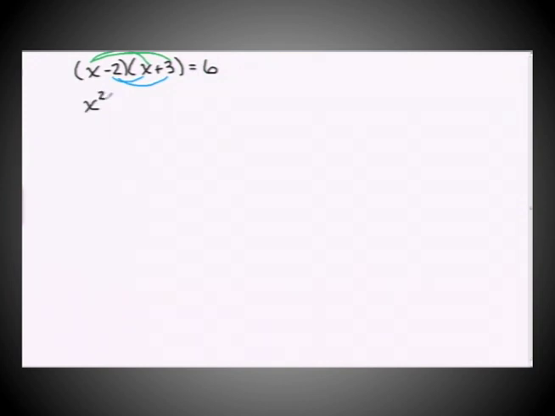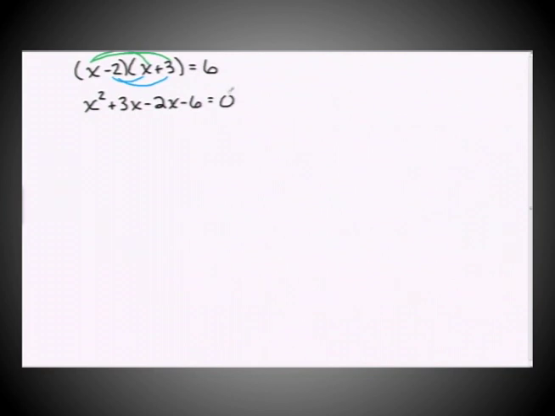So this is a quadratic equation. x times 3 is positive 3x. Coming back to the negative 2 to distribute, I get negative 2 times x, which is negative 2x, and negative 2 times 3, which is negative 6.